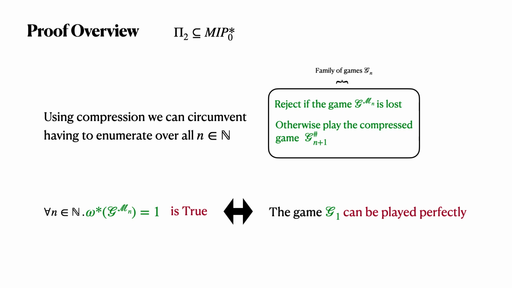If the game is lost, the verifier rejects immediately. Otherwise, it plays the compressed game G sharp n+1. Now we can argue as before that for all n, the value of the nth halting game is 1 if and only if the game G1, the first game in the family we just constructed, has a perfect strategy.